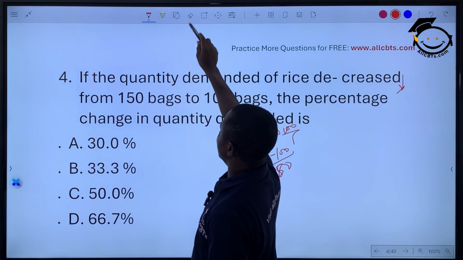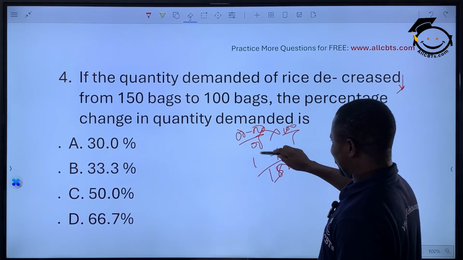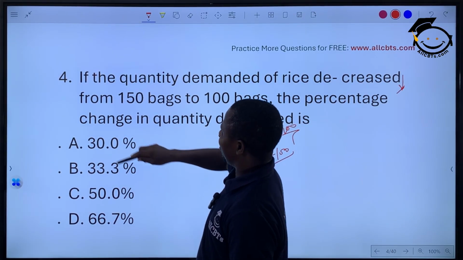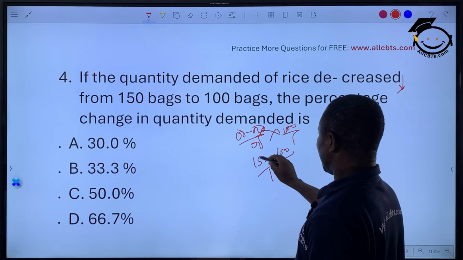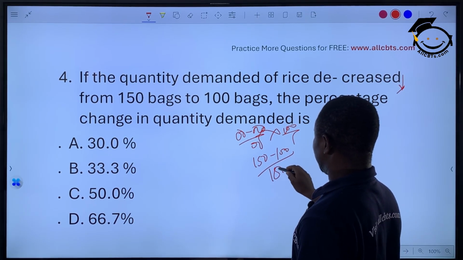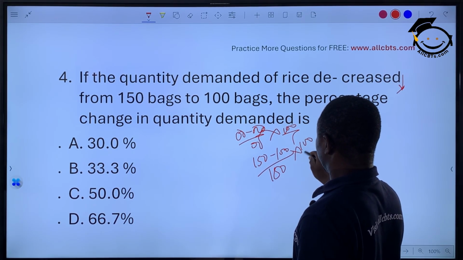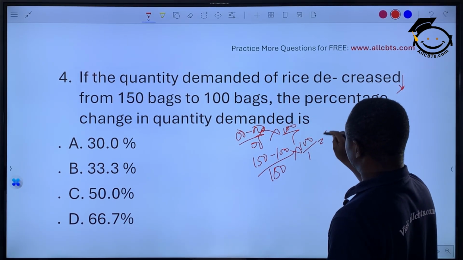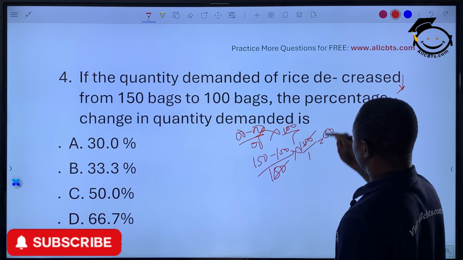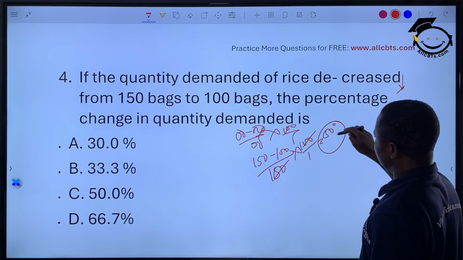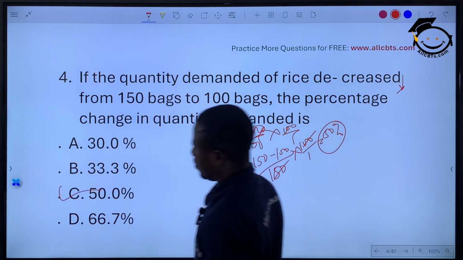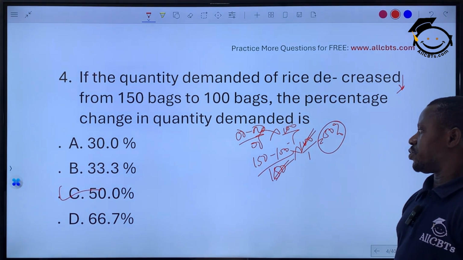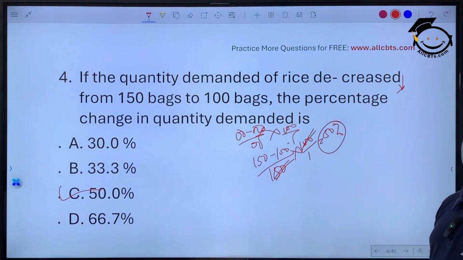My 5 looks like 8, so to avoid confusion, let me write it properly. So 150 minus 100 over 150 times 100 over 1. So what do we have? We have 50, this 100 should go. So what do we have now? We have 50%. Option C is the correct answer. Remember, this 100 goes to this 100. So 150 minus 100, you have 50.